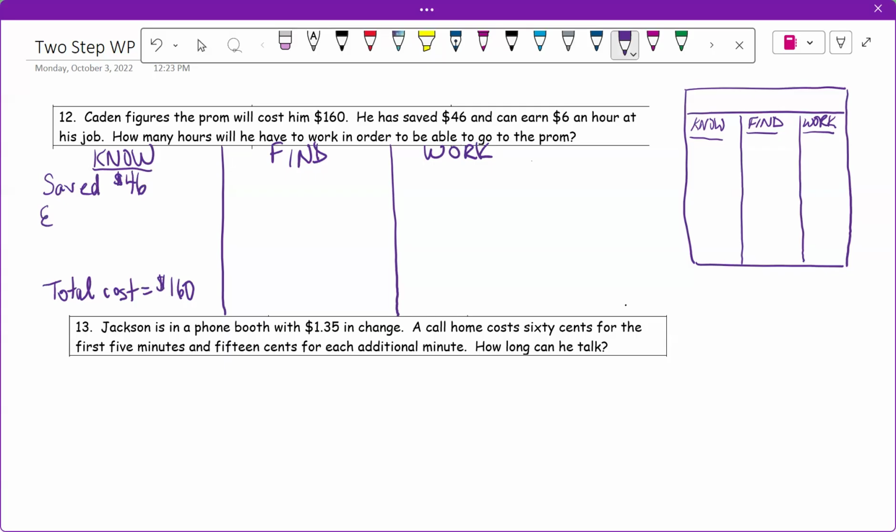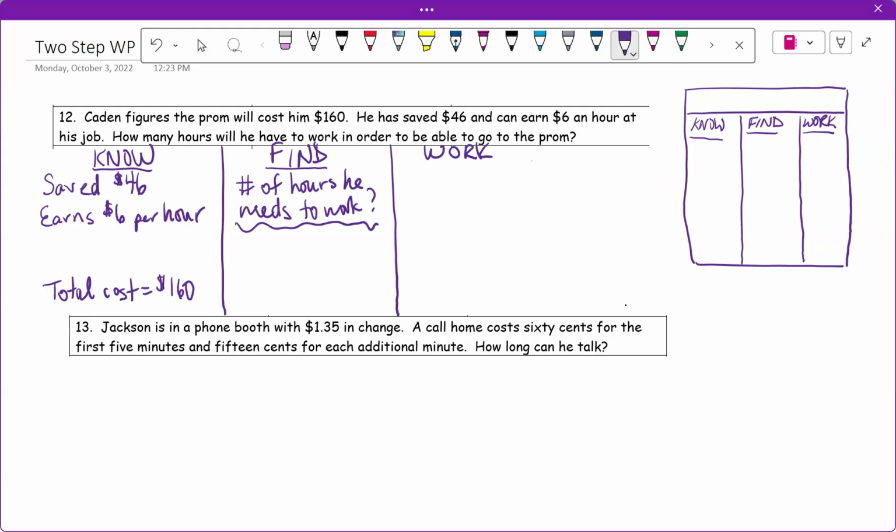He earns $6 per hour. Okay, that's a good start. How many hours will he have to work in order to be able to go to the prom? Well, that's what it's asking us to find. Number of hours he needs to work.